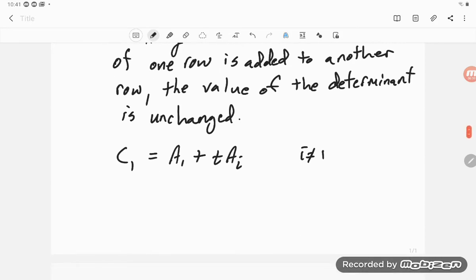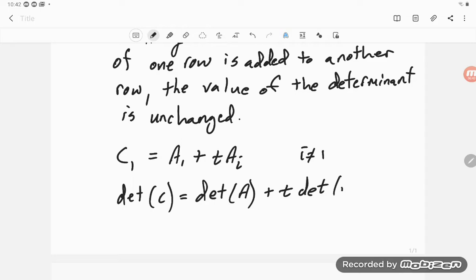Now, what happens is we get that the determinant then of C is equal to the determinant of A, and then we already had our multiple of a given row, and so we can factor out that, and that's the times the determinant of A hat. There we go.